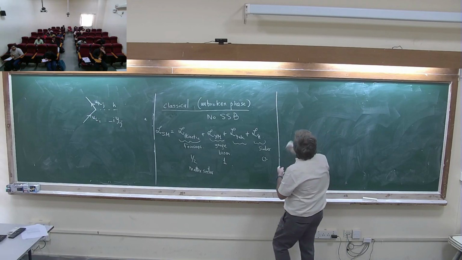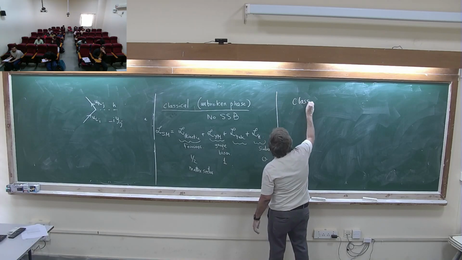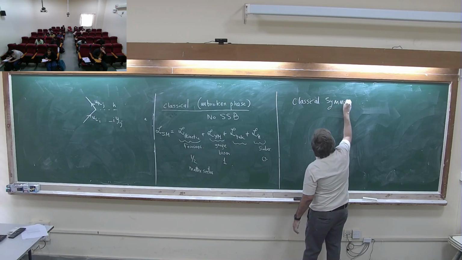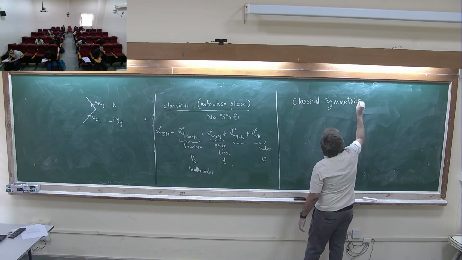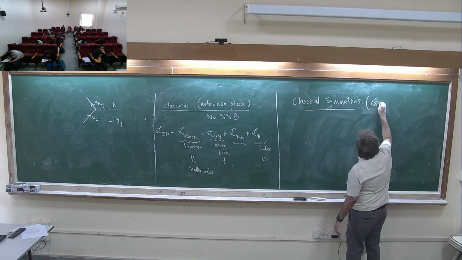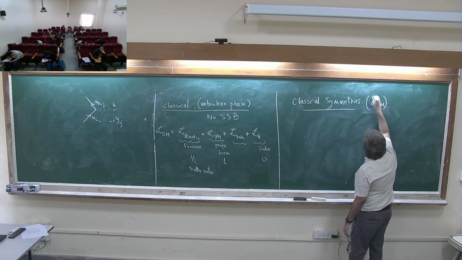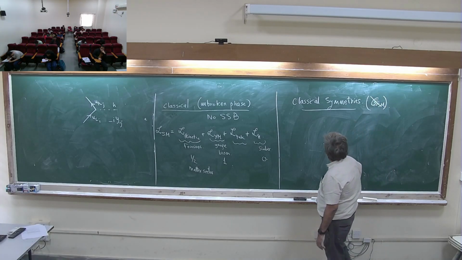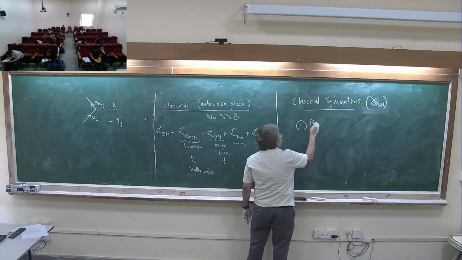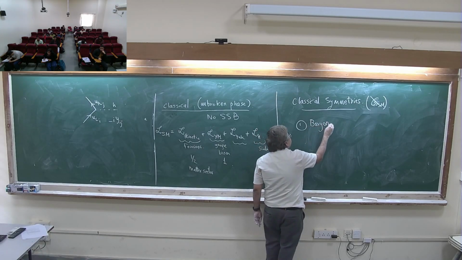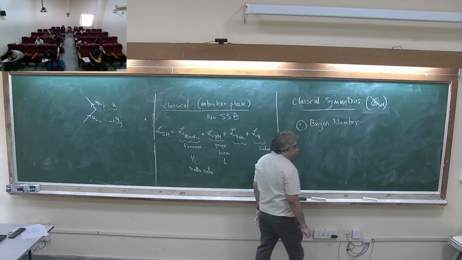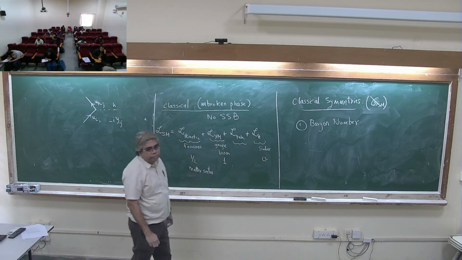So the first symmetry, other than the standard model, other than the gauge group, other than this, first one is baryon number.